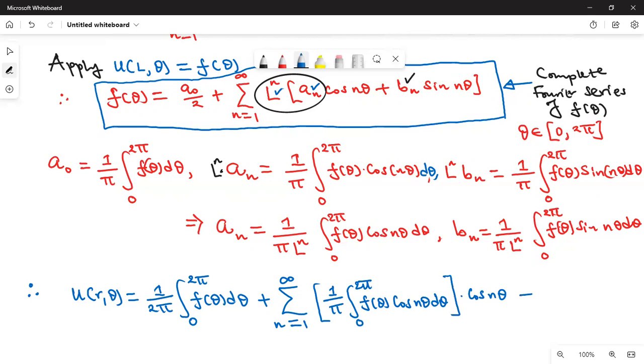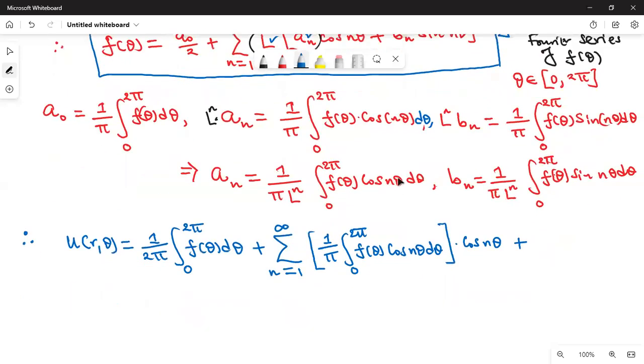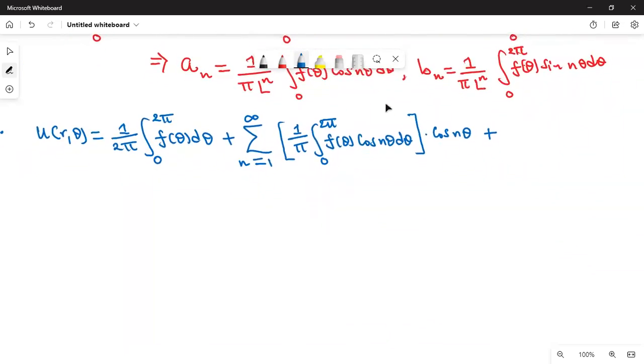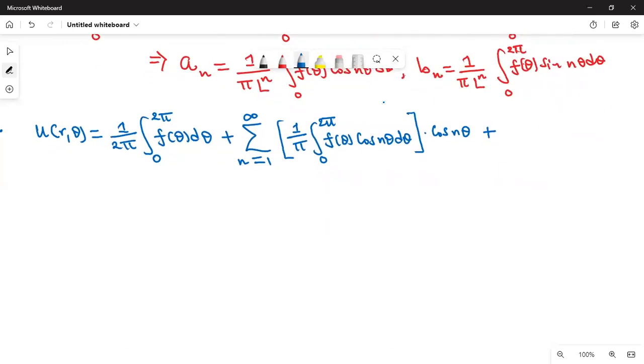Then plus the other one, the other one again gave us another 1 over pi, the integral from 0 to 2 pi of f of theta sine n theta d theta.